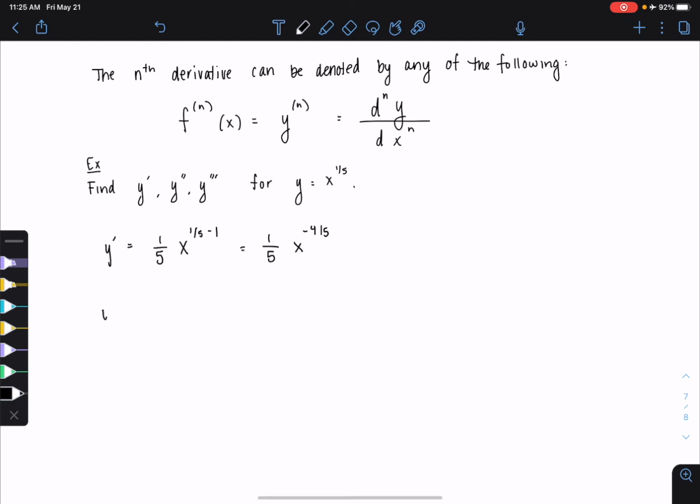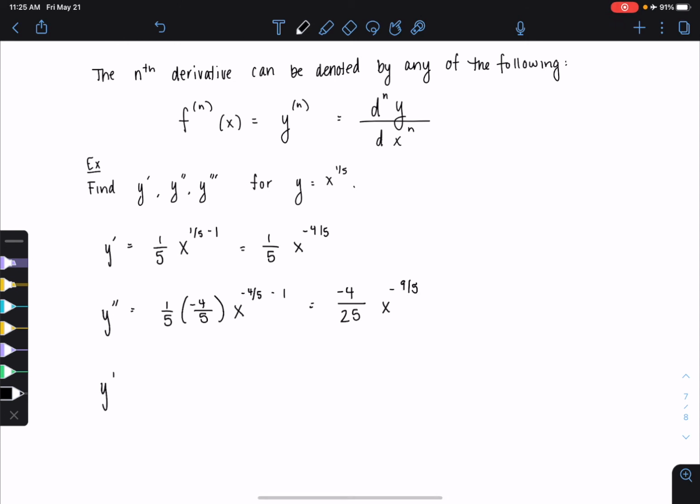Then we keep going. The second derivative, we go ahead and bring that power down, and we decrease it by 1. So that'd be negative 4/5 minus 1, which gives us negative 4 over 25, and this would be x to the negative 9 over 5.